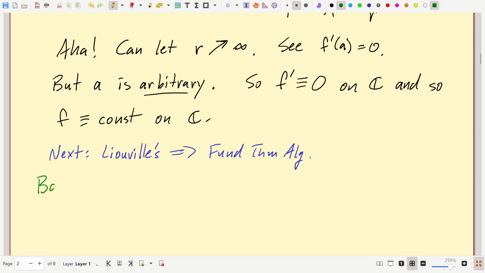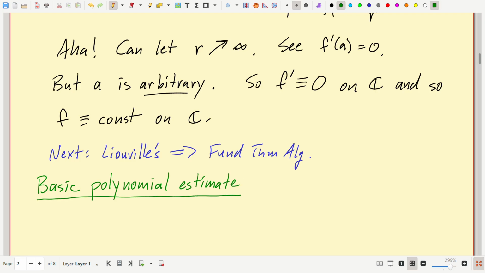The book doesn't use this terminology, but since I'll refer to this thing quite a bit, I'm going to call it the basic polynomial estimate. It'll be very useful when we do residue integral calculations, which will be quite soon.